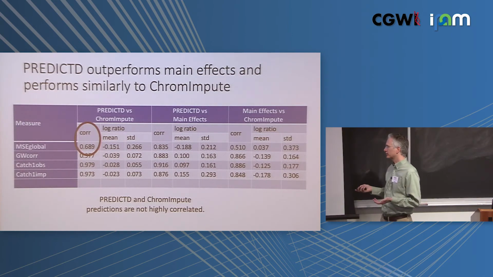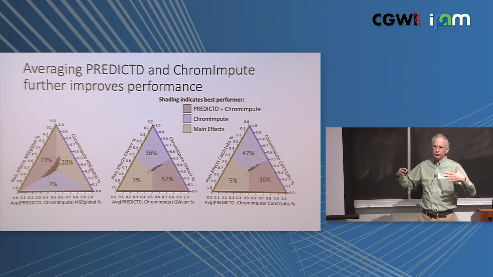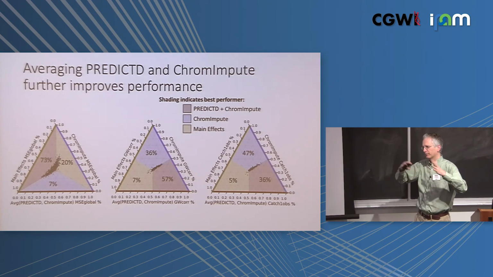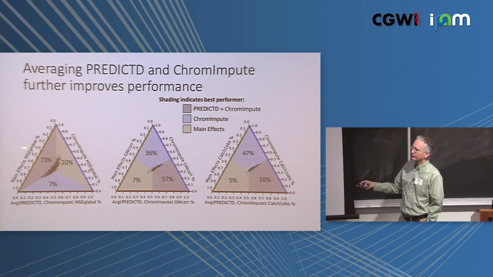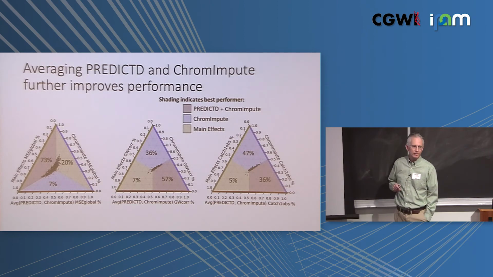So the obvious thing to try was, what happens if we just average the two? You take the ChromImpute prediction and the PREDICTD prediction, sum them and divide by 2, and that actually does better again. We're now 73% of the time better in terms of mean squared error. We're now doing better in terms of correlation as well, although ChromImpute really likes to do well on the high peaks.